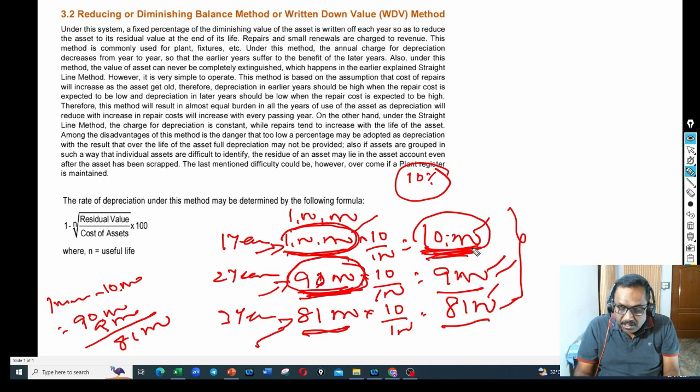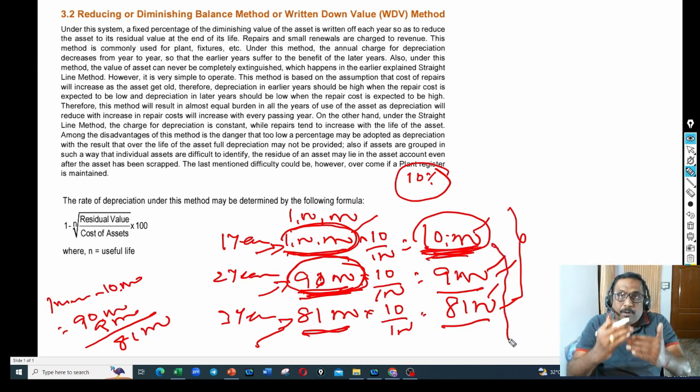Year on year, your depreciation amount will keep on reducing. The benefit of this is that in initial stages you will not have repairs and maintenance for machineries, right? At that time, if you charge higher depreciation, you will benefit because your P&L will not get impacted.